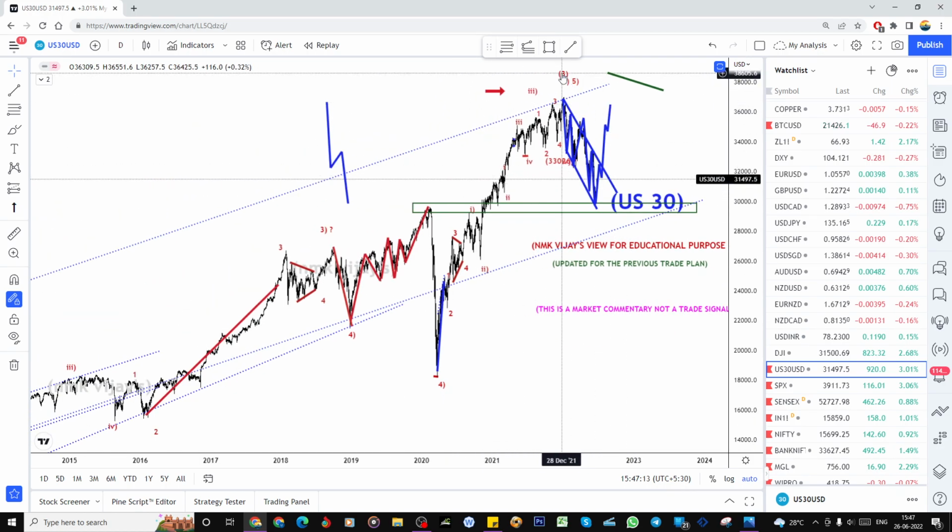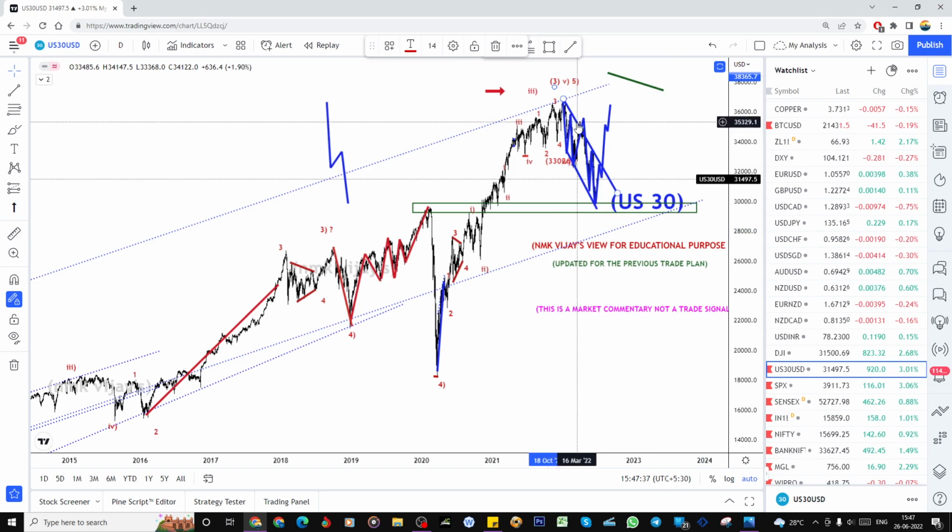Just as we are in the fourth wave in the DXY, stocks are also in a bigger fourth wave. So it can be a bigger picture, it could be a running flat, or it could be a regular flat. A regular flat means again we can see below this 29,700 again, but we need to know about the connecting wave to the further downside.